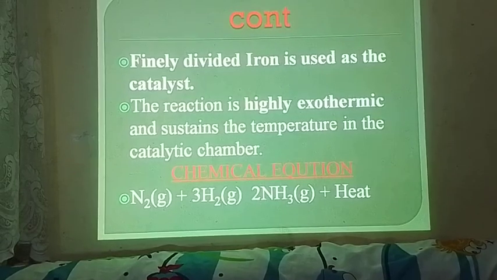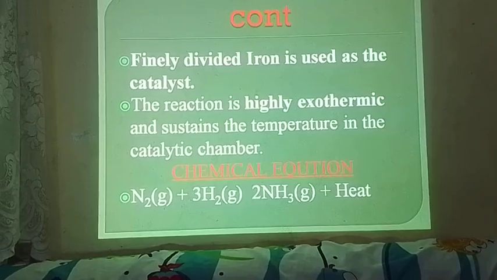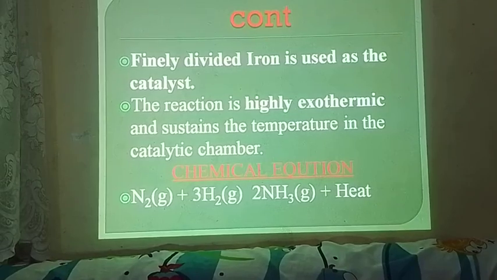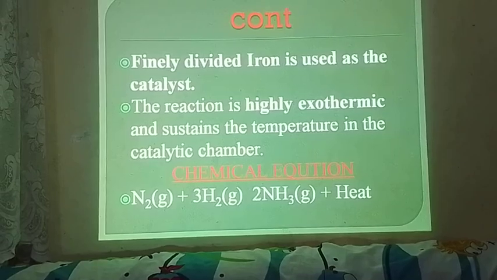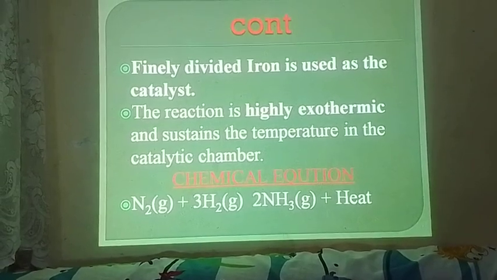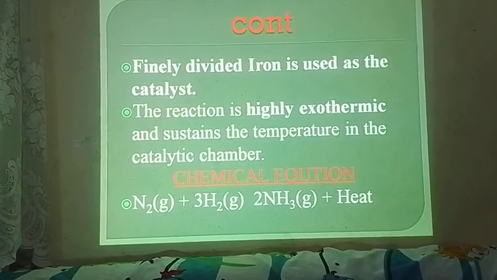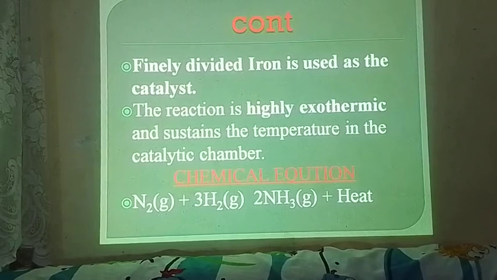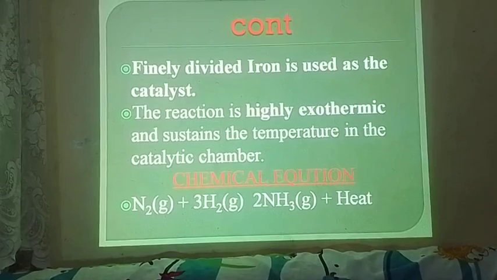Remember that nitrogen cannot react with hydrogen at room temperature, because room temperature cannot break the triple bonds, so that's why they use high temperatures, and this temperature must be sustained so that the two raw materials may react to form ammonia. And of course heat is produced to show that the reaction is exothermic.